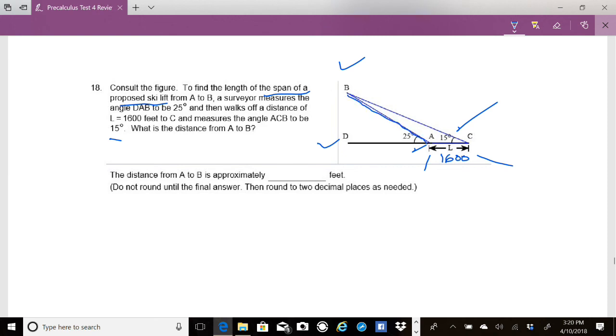So let's label everything we know. We have B is equal to 1,600.